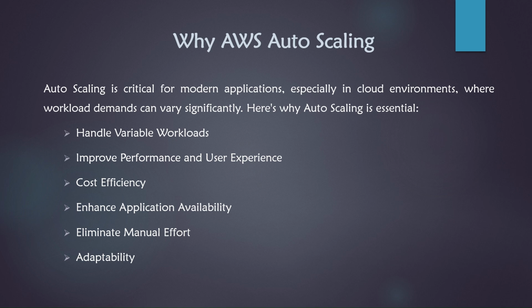And the last thing is adaptability. Businesses with rapidly changing demands can rely on auto scaling to adapt without redesigning infrastructure, and work across multiple regions, ensuring applications perform well for a global audience.